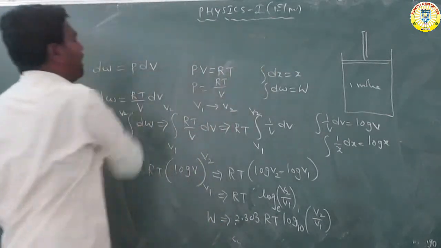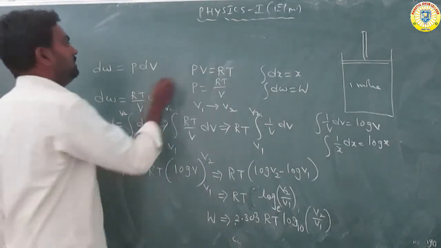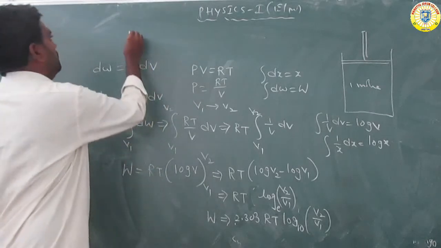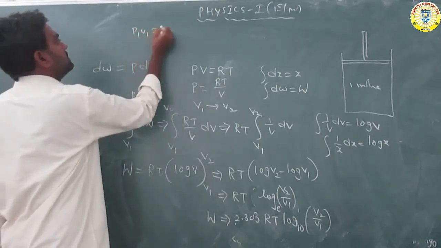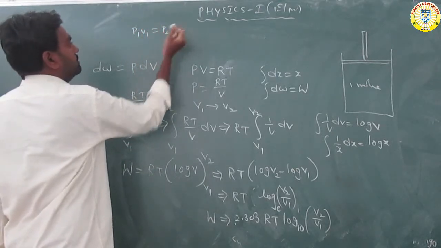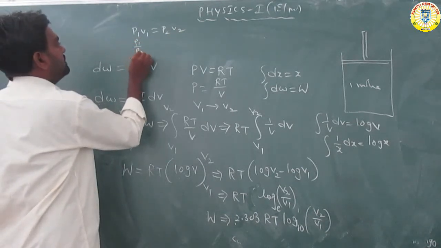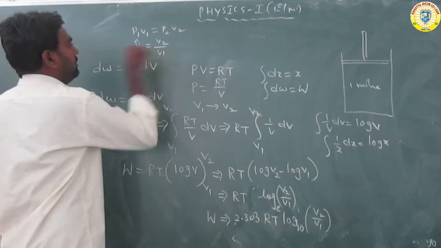According to the ideal gas equation, PV is equal to RT, or P1 V1 is equal to P2 V2. So P1 by P2 is equal to V2 by V1.